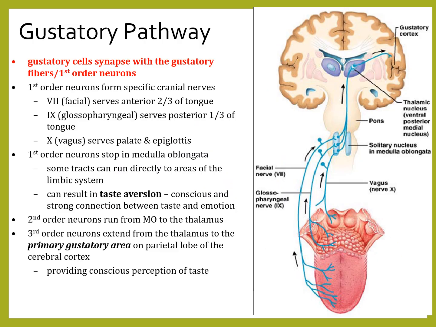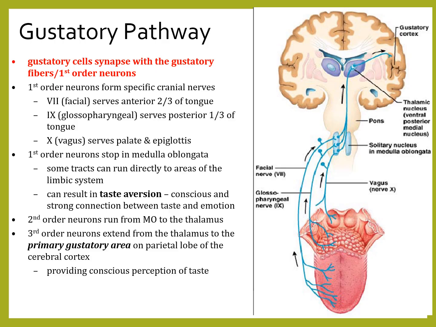Let's take a look at the gustatory pathway, or what is known as the taste pathway that connects with these taste buds. The gustatory cells synapse with what are called gustatory fibers. These gustatory fibers are considered to be first-order neurons. The axons from these first-order neurons are going to form very specific cranial nerves: cranial nerves 7, 9, and 10.